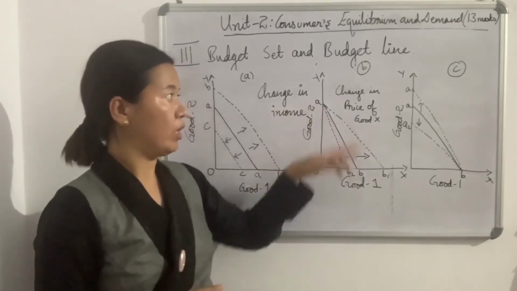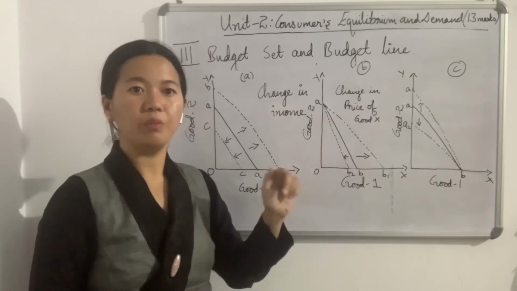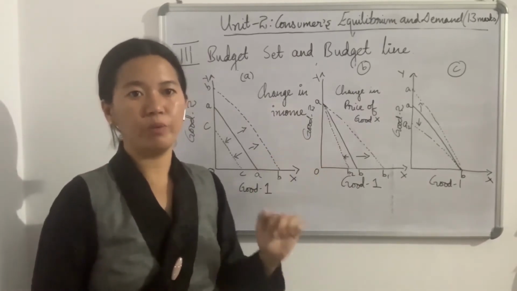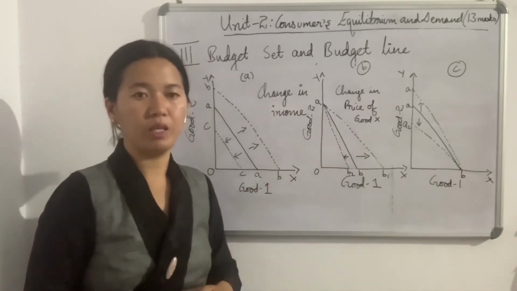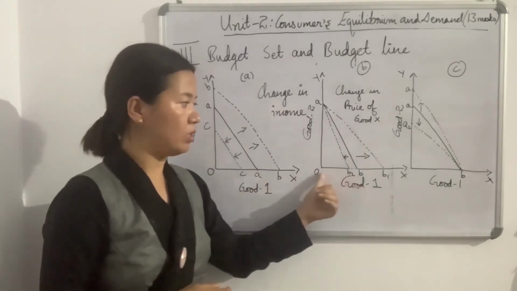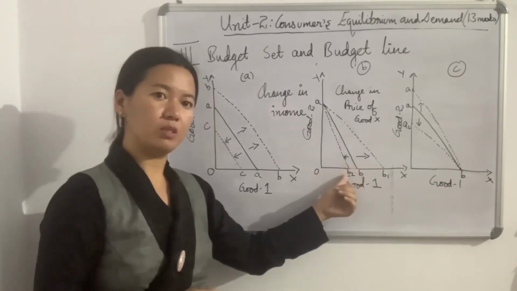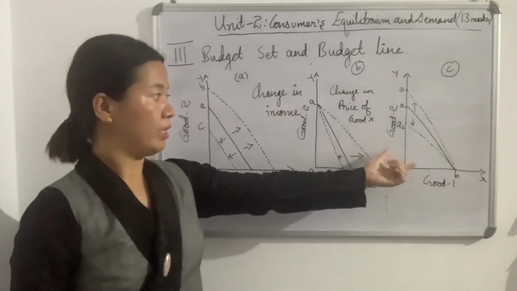And in the same way, when the price of good X increases, when the price of good 1 increases, you'll be able to purchase less of good 1. Therefore, your budget line will rotate inward, that is, from OB to OB2. It will rotate leftward.